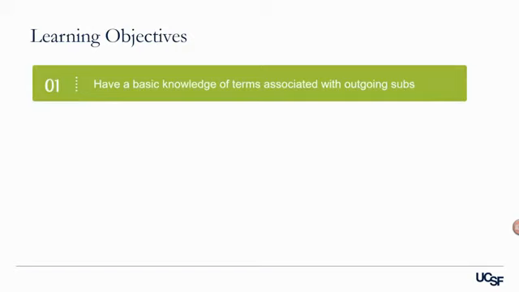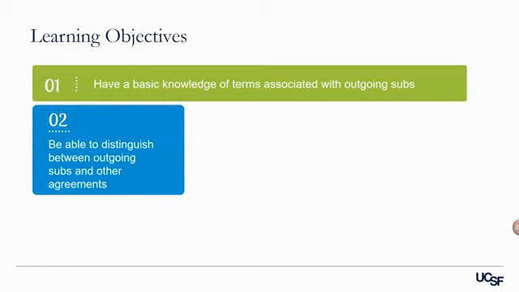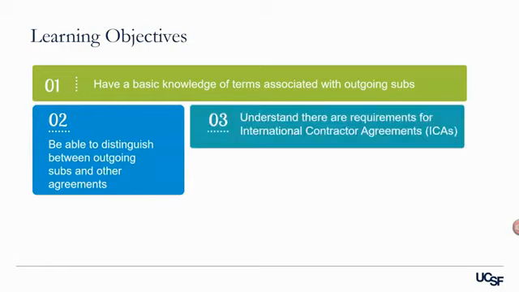The goals of this afternoon session are that you'll have a basic understanding of some terms that are associated with outgoing subs, that you'll be able to distinguish between outgoing subawards and other agreements, and that you'll understand there are requirements for international contract agreements, or ICAs, as Joe alluded to earlier.